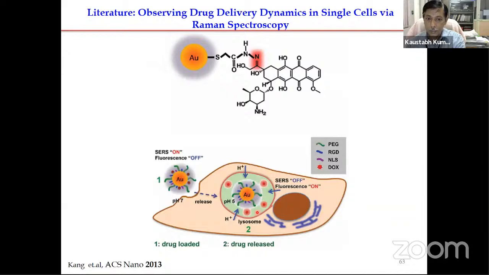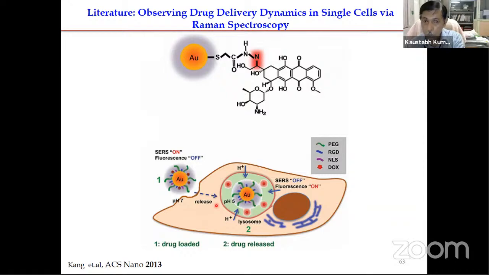Suppose we want to give a theranostic idea using one of these feature molecules. This molecule is doxorubicin, one of the anti-tumor drugs, which is conjugated to gold nanoparticles through a linkage that can be clipped. This oxime linkage is clipped in the cellular system at acidic pH.